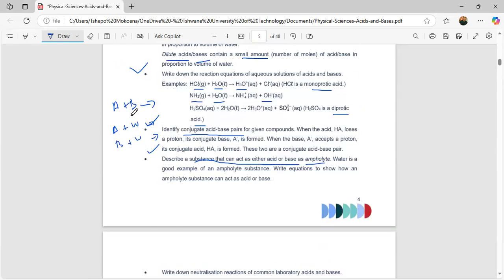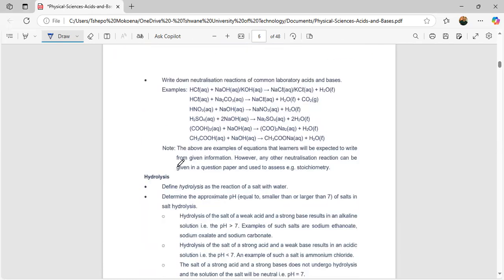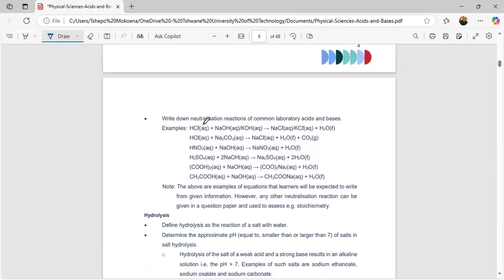Now recall that I said acid can react with water, base can react with water, just like how we saw over here. And then I also indicated that acid can react with base, right? So this is what we are now actually going to look at in terms of chemical reaction. And this type of reaction is called the neutralization reaction, of common laboratory acids and bases.